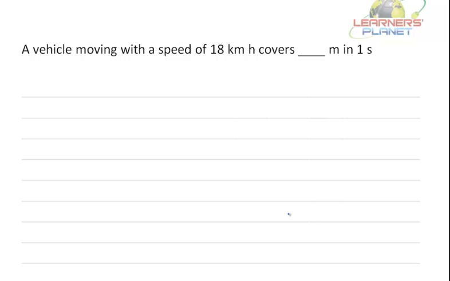Now let us look at the third problem of fill in the blank type, in which we are given that a vehicle is moving with a speed of 18 km per hour and it covers a distance dash meters in 1 second. Now the speed v is given in kilometer per hour.